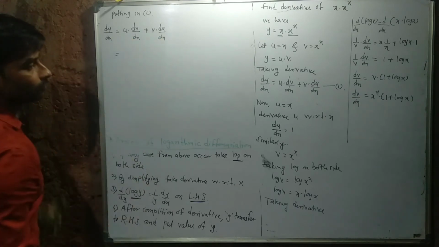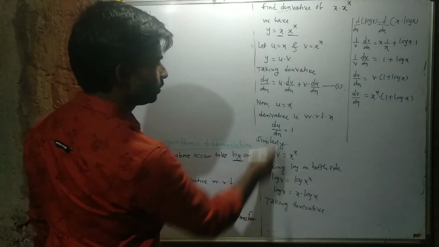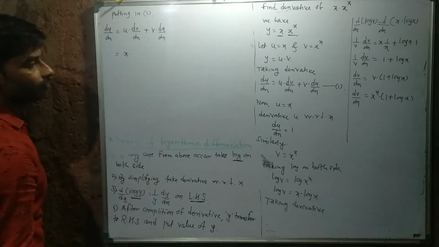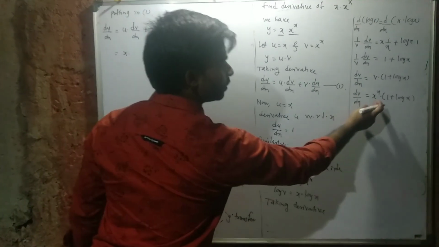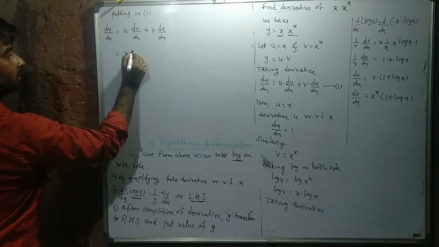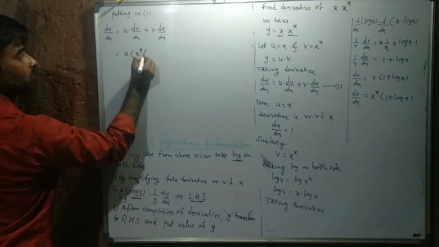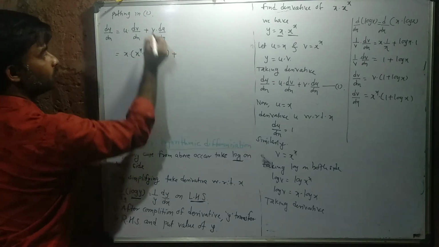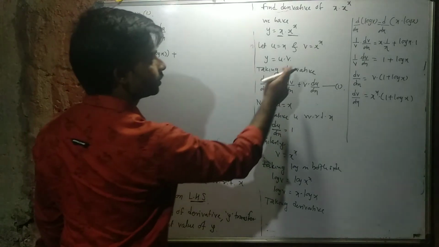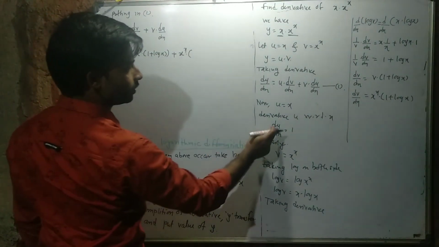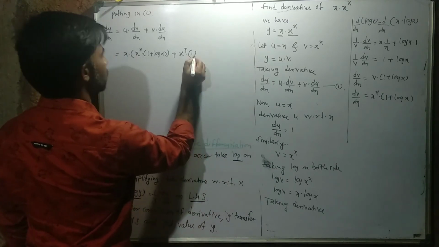First of all, the value of u is x, into the derivative of v, which is x raised to x into 1 plus log x. That means x raised to x into 1 plus log x is here, plus v having the value x raised to x, times the derivative of u which is 1.